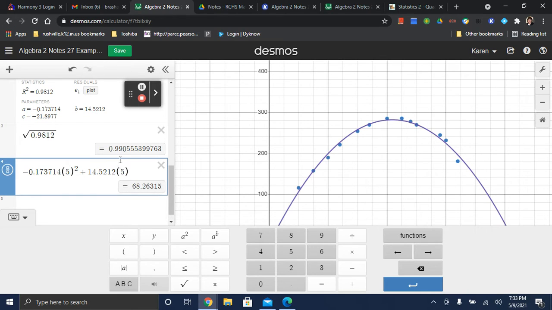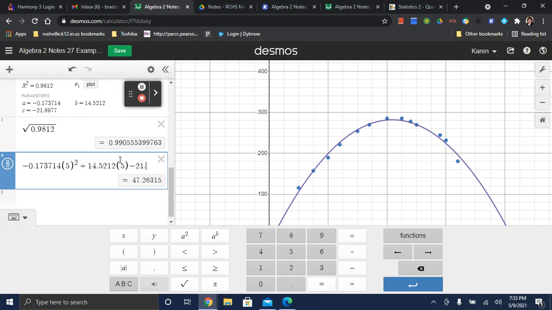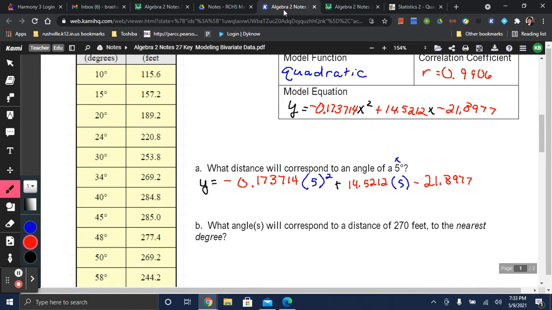Then subtract your C term, 21.8977. This is 46.36, and to make that match the other data, we'll round it to the nearest tenth, so 46.4. That will be the distance traveled.